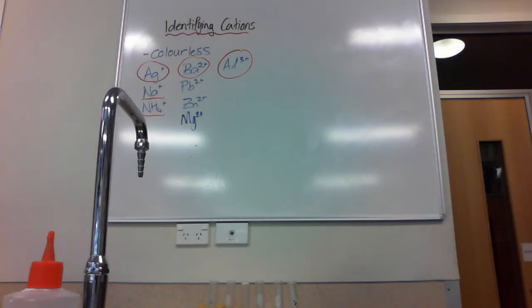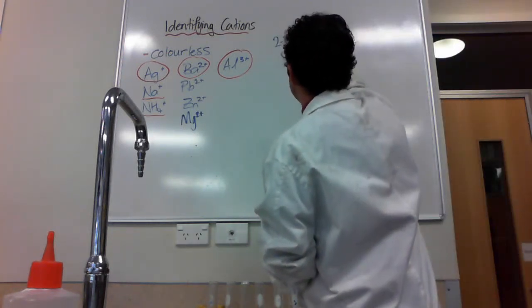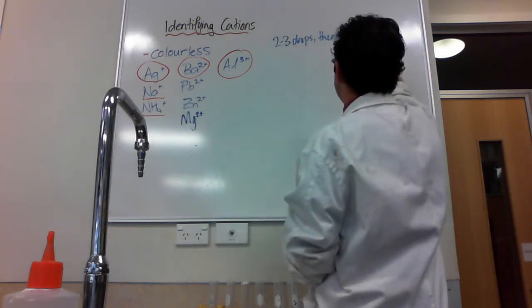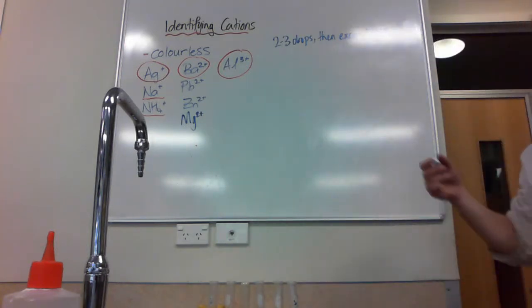So how do I write this up? Okay, well the first thing I did was I added 2 to 3 drops, then excess sodium hydroxide. And what I got there was a white precipitate which remains.